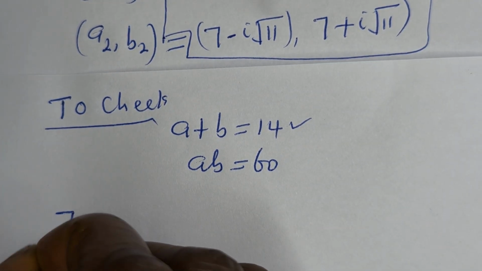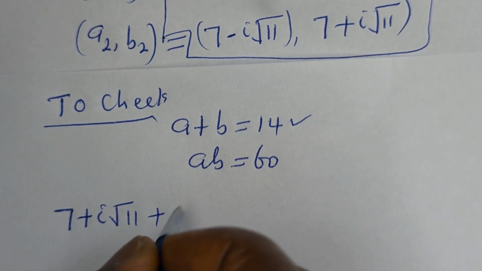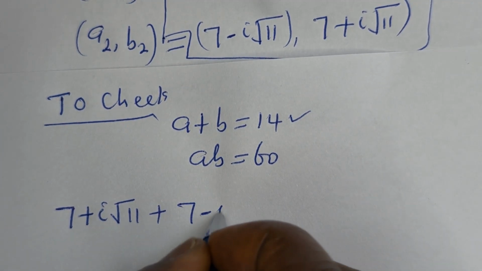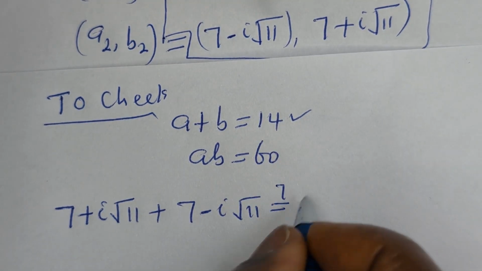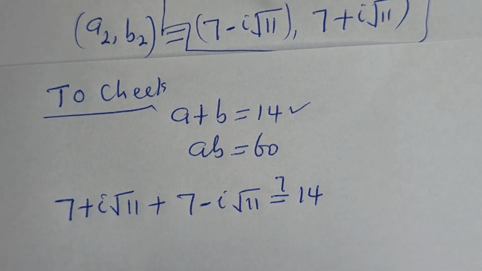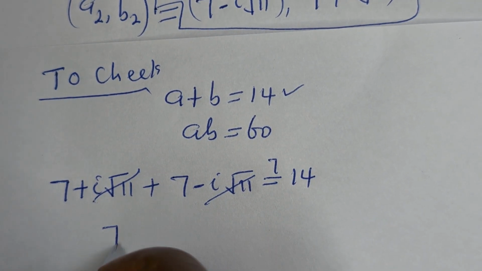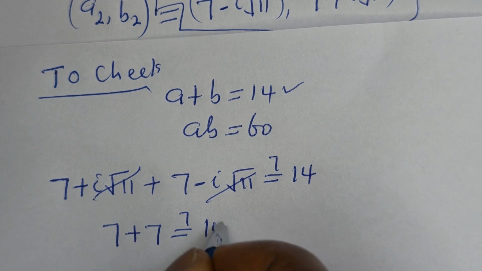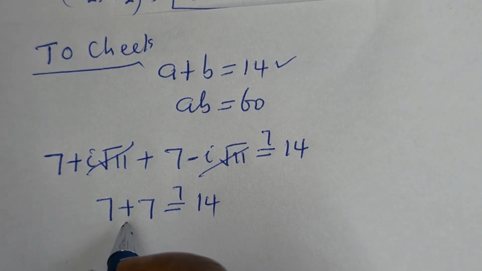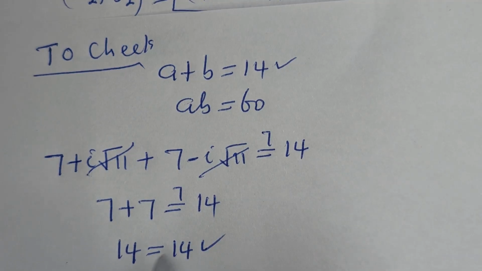We have 7 plus I root 11 plus 7 minus I root 11 must be equal to 14. This cancels this. Here we have 7 plus 7 must be equal to 14. 7 plus 7, this is 14 is equal to 14, which is true.